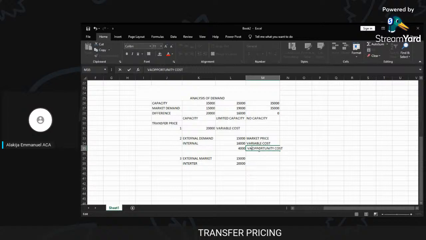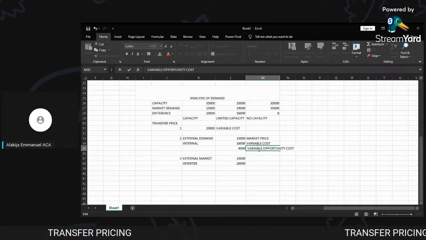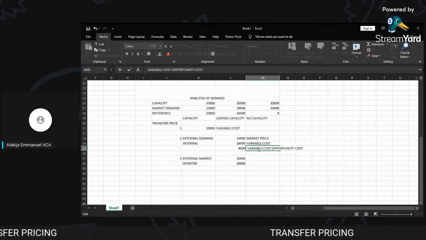So this 4,000 will be at variable cost plus opportunity cost.